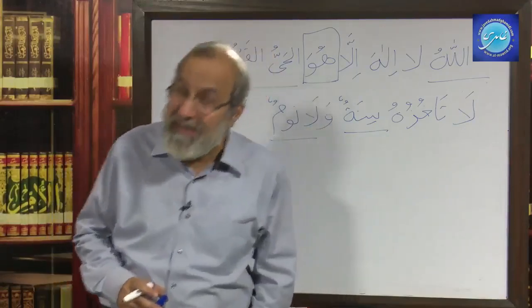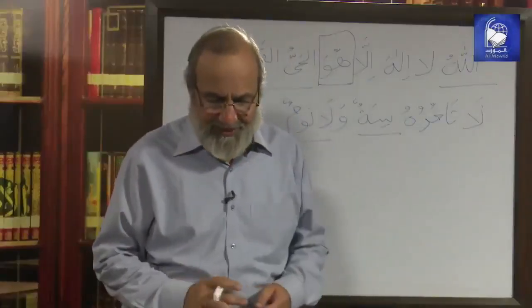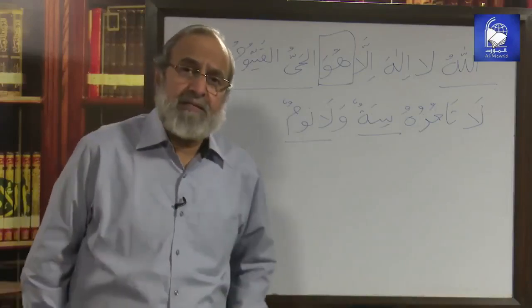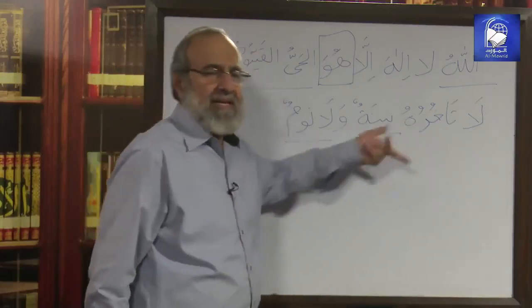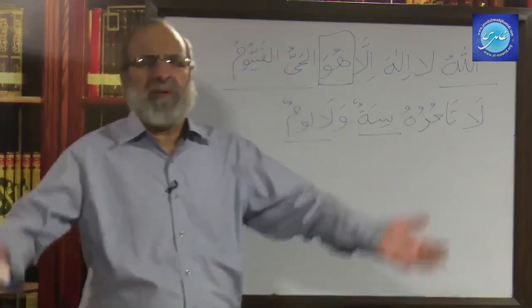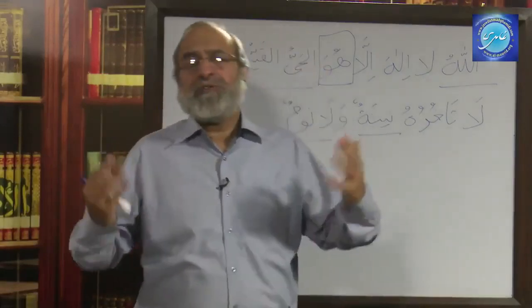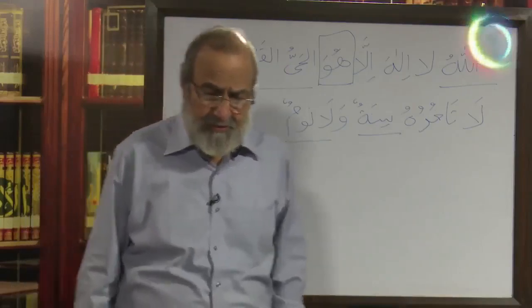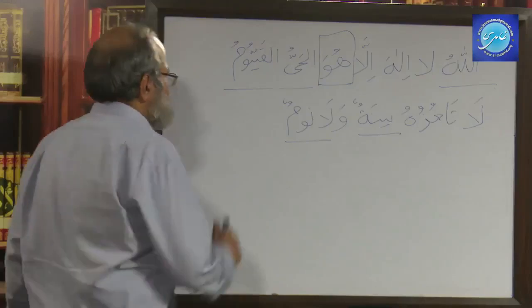These are both faail of the verb, and that is why they are taking this form. We know that faail is the subject. Whenever you have a verb, it has to have a subject. And when the subject appears, sometimes it would not appear, it would be implied. But when it appears in the text, it has always got to take the form of irab, of rafa. It has always got to be, in other words, in the nominative case. La ta'khuzuhu sinatun wala nawm.